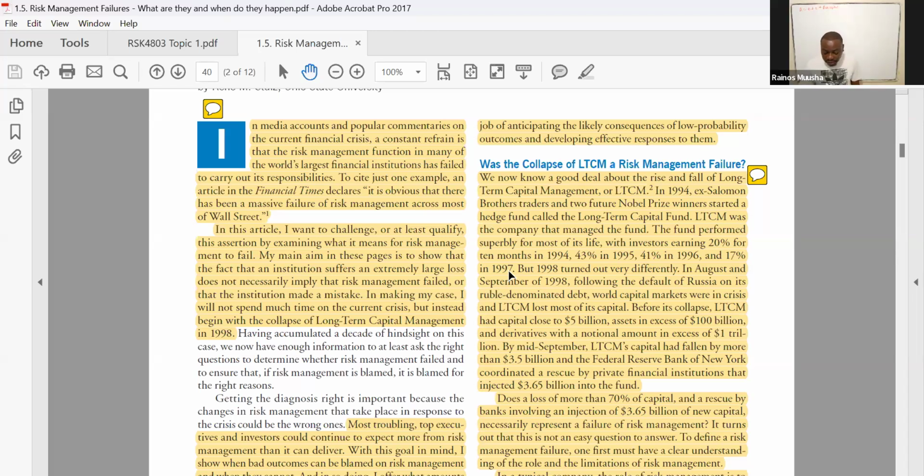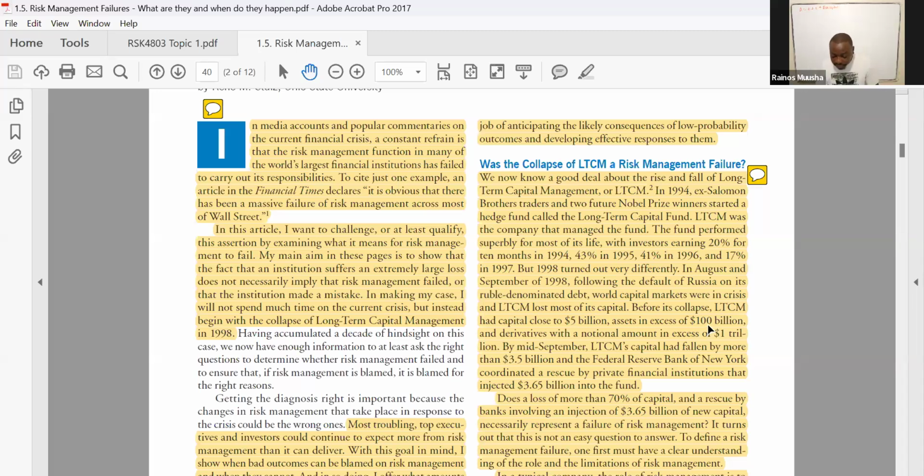Before its collapse, LTCM had a capital base close to 5 billion, assets in excess of 100 billion, and derivatives with a notional amount in excess of 1 trillion. So as you can see, they had capital of 5 billion, but their assets were 100 billion.